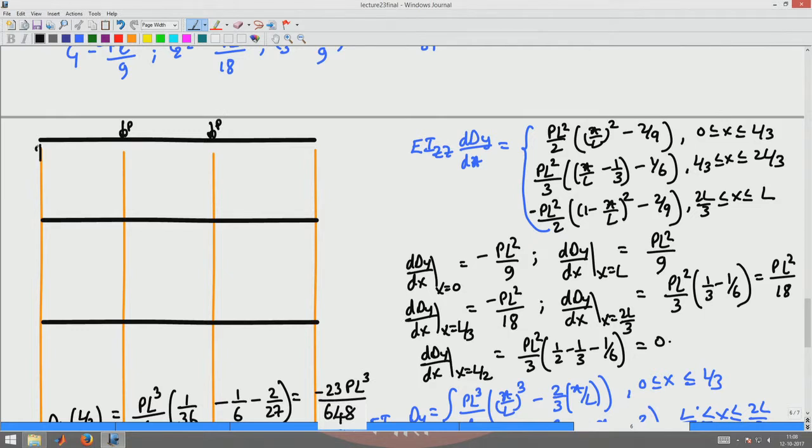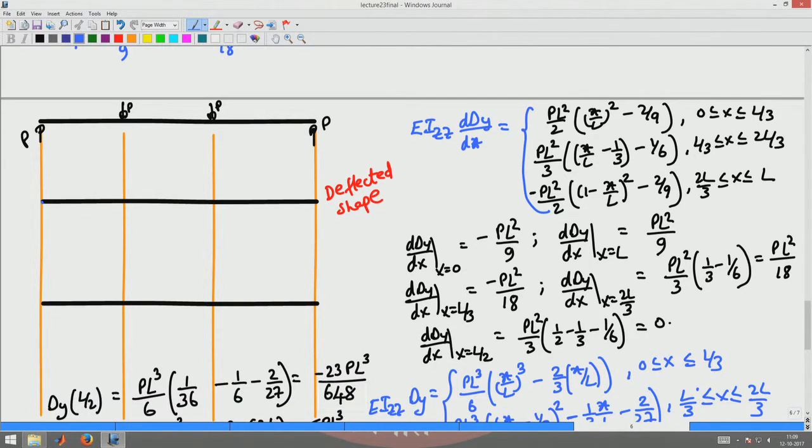and a reaction force P here. First we are plotting the deflected shape. You can find that all the deflections are negative from L by 2 and L by 3. Okay.